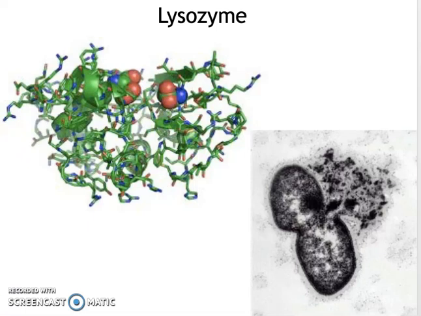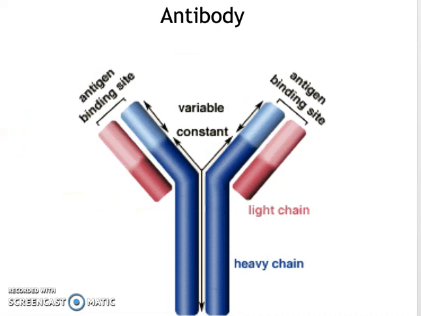A third molecule of the immune system is the antibody. Antibodies are also proteins. These are made by the adaptive or acquired immune response to specifically recognize pathogens. The antibody is made by your own body to recognize molecules from pathogens known as antigens.